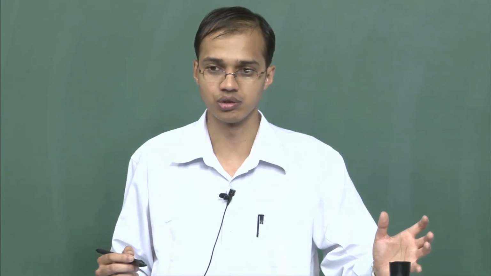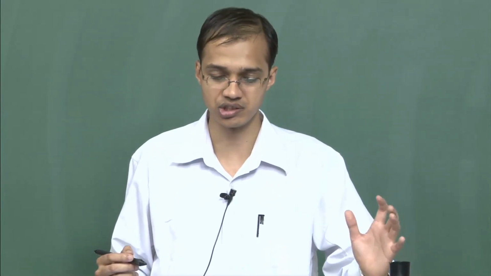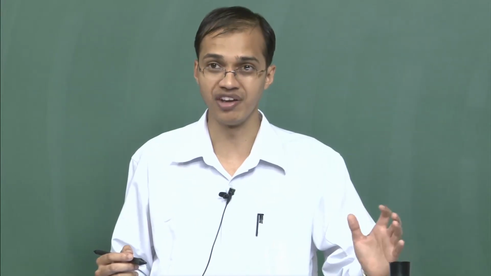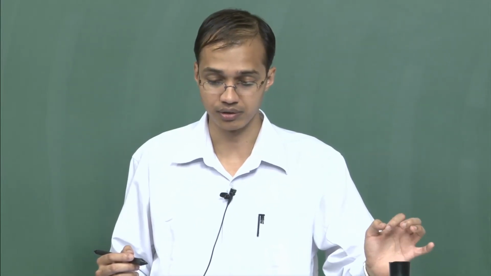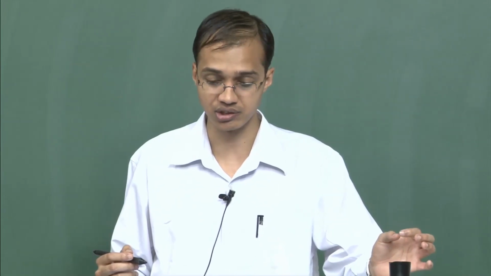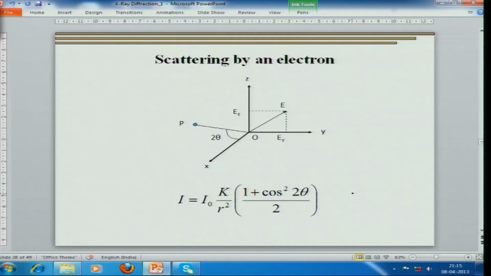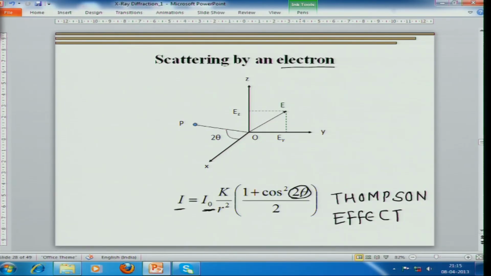Actually, diffraction builds up essentially with the interaction of the wave with the electron, or essentially the scattering of X-rays from an electron by what is known as the Thomson effect, which tells us how the intensity of the X-rays varies when it interacts with an electron at an angle theta.